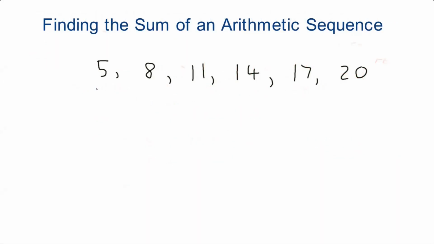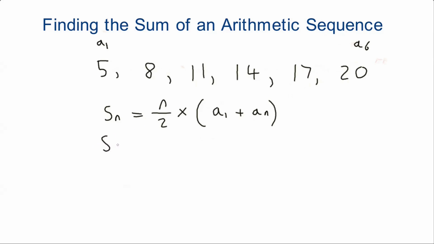Now, to find the sum of an arithmetic sequence, we use this formula. So if we wanted to find the sum of these 6 terms, we just plug it in like this. So it would be S_6, 6 over 2.